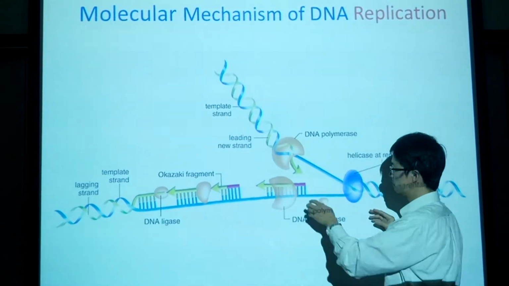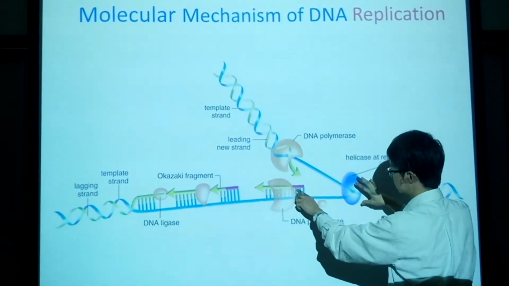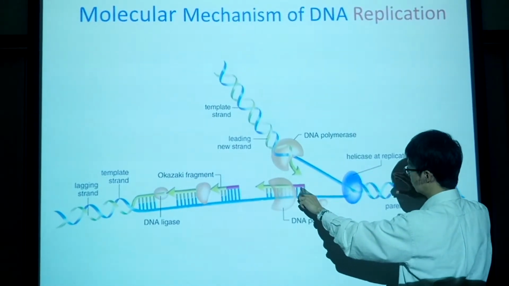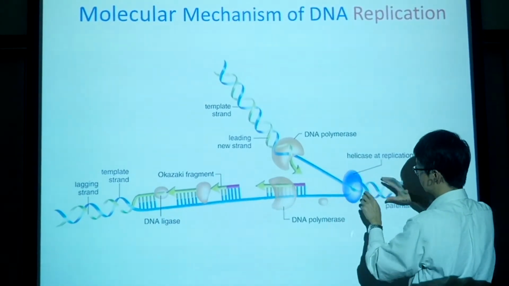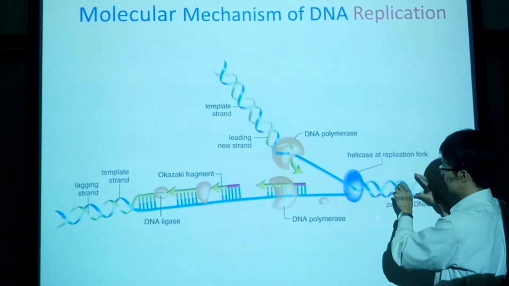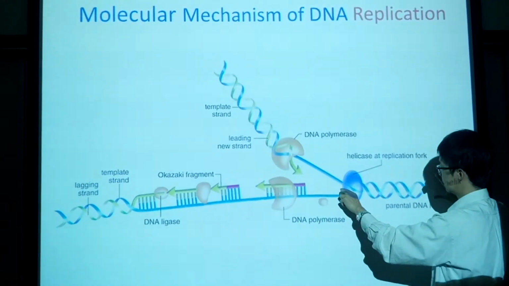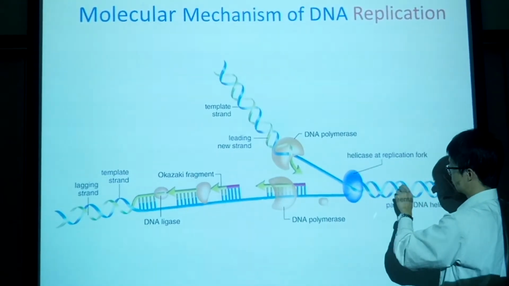So it may bind to here, and then replicate, and after it reaches this end, it has to go higher, because by that time the helicase has already unwound new pieces of DNA, and it can bind to the new pieces of DNA and replicate, and then go back to replicate more.